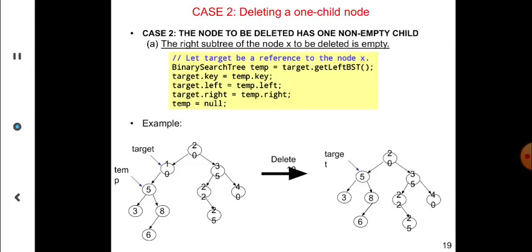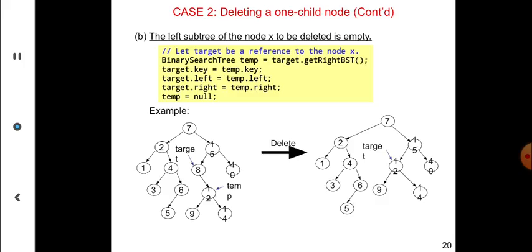You have detected that you have a child 5, so you keep that 5 in a temp, and then reassign the root node to the temp so that it's a single child. It's very easy, but you need to do a reallocation of a pointer to delete the node. You are connecting the temp to the target, so you reallocate first and then delete. That way we can delete a one child node.